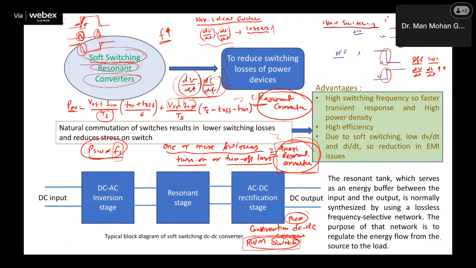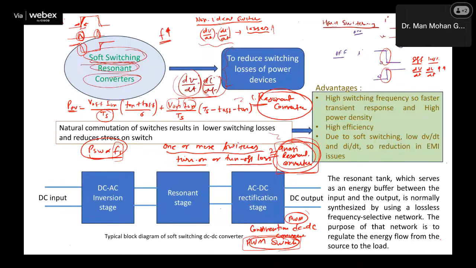We will see some of the topologies. Then we replace this PWM switch by a PWM resonant switch, and the remaining circuit is kept as it is.